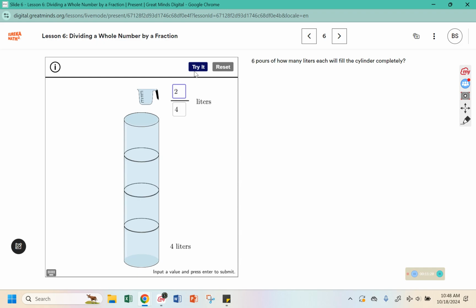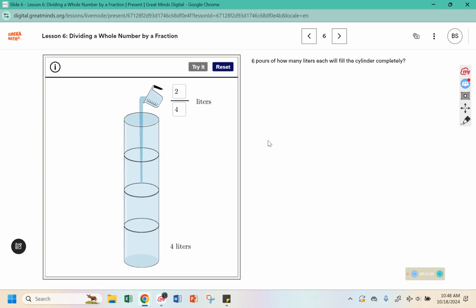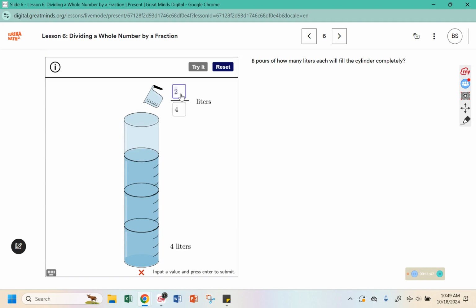Let's try reducing the numerator. Well, that isn't quite right. So let's do some math.